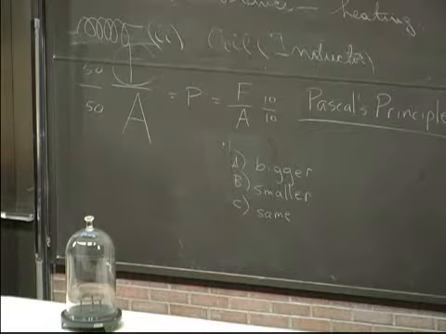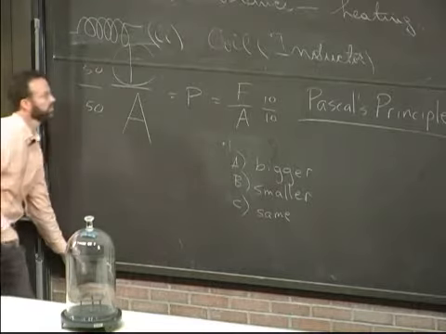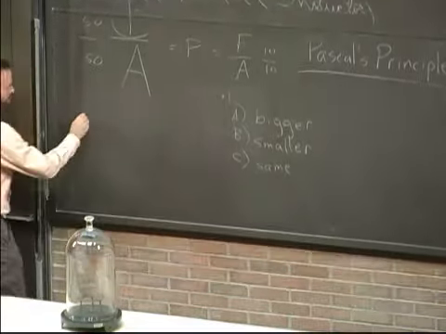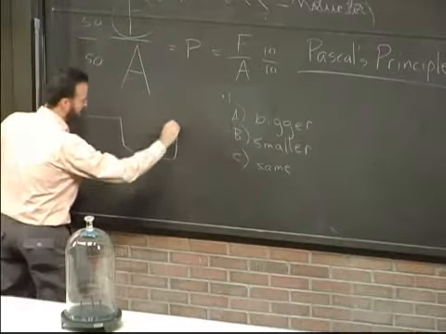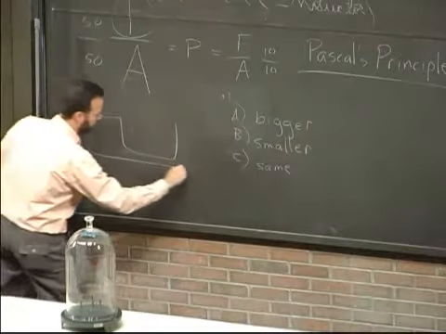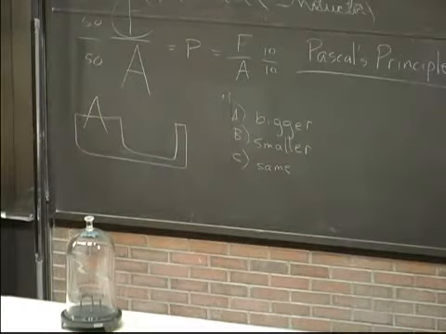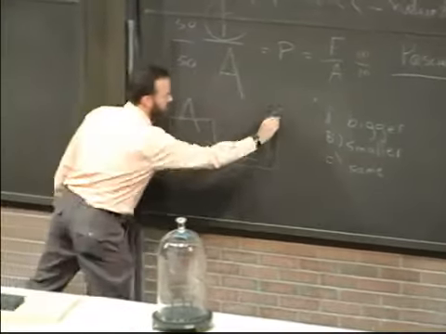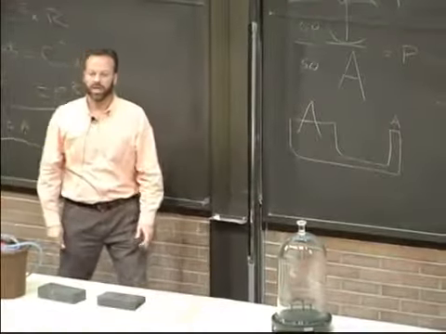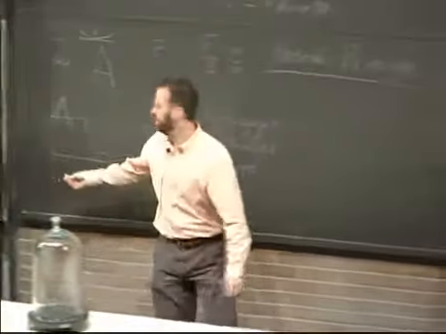So you can use that in a hydraulic system. The book draws the pictures better. Like this. If you have a big area over here and a little area over here, you can exert a little force on this side.